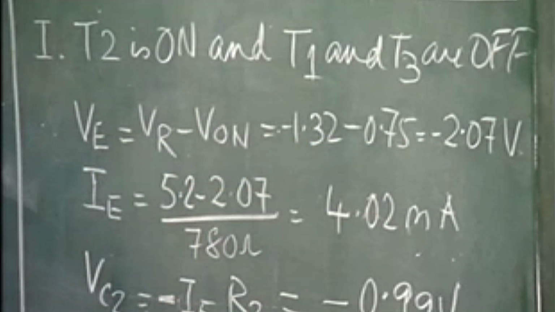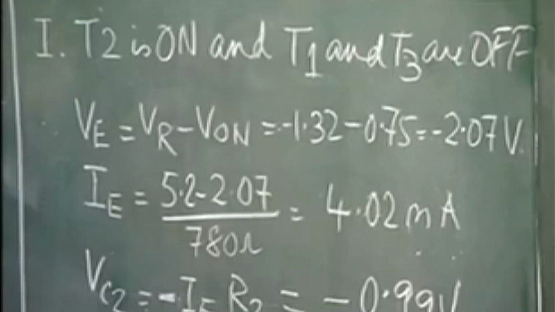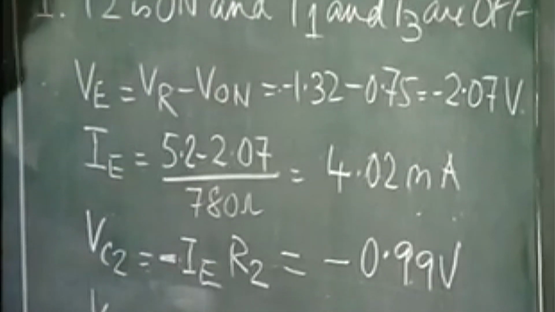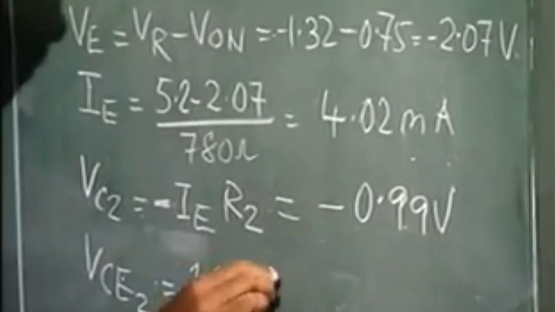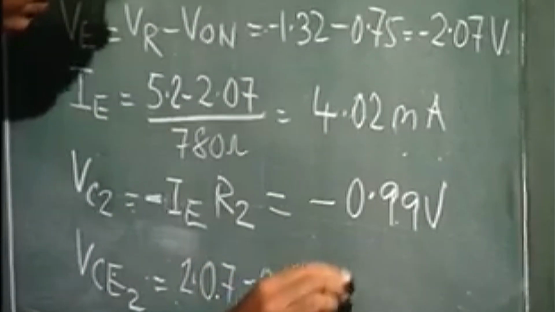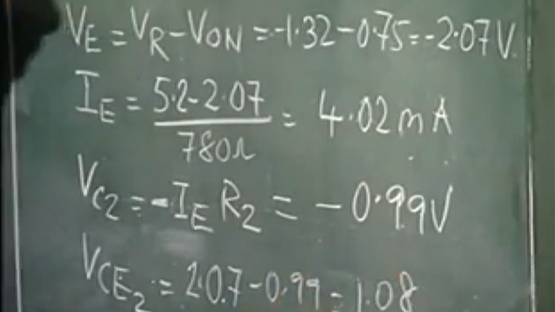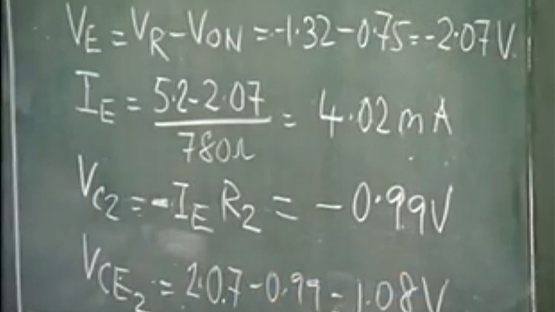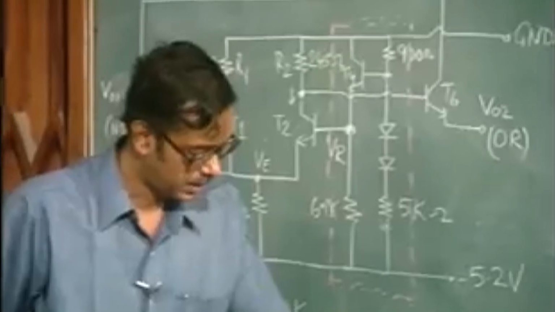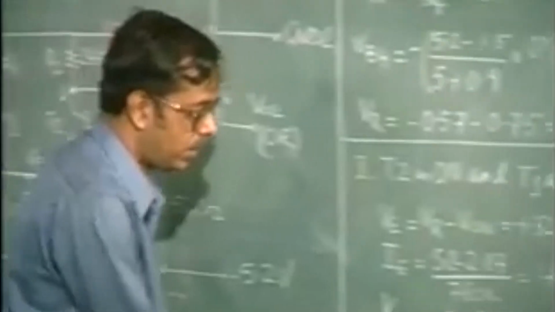So what is VCE of the transistor T2, say VCE2? It is 2.07 minus 0.99. So it is 1.08 volts. Which means that this transistor is in the active region, okay. It is not in saturation, that is, it ensures that. Now, we know Vc2.